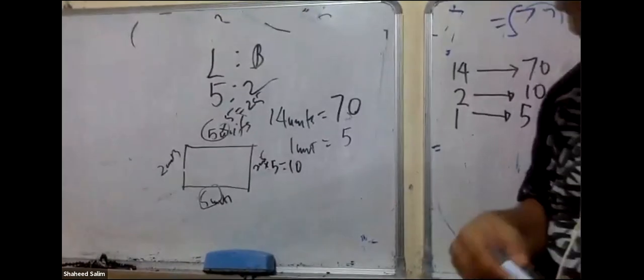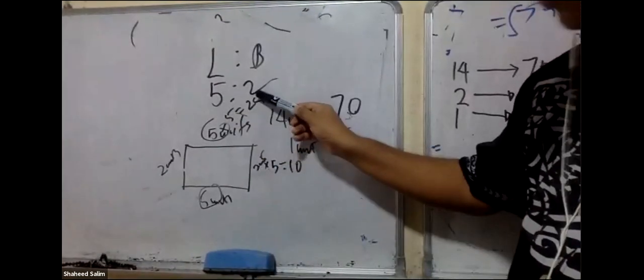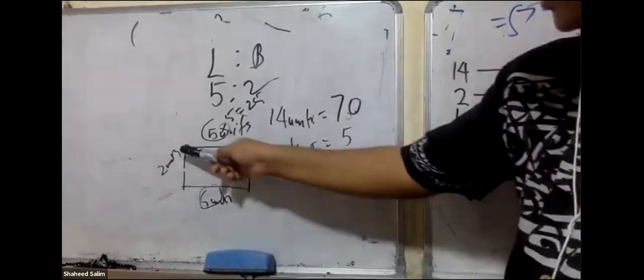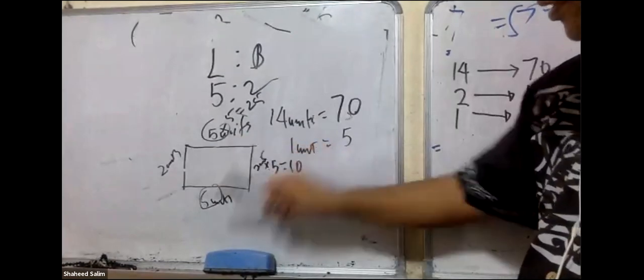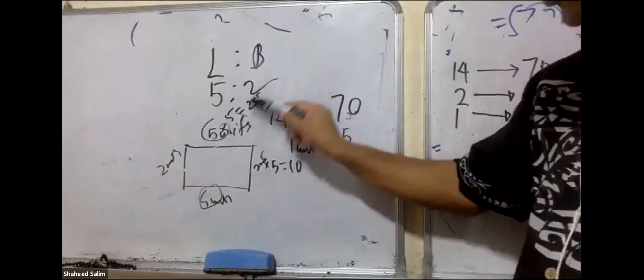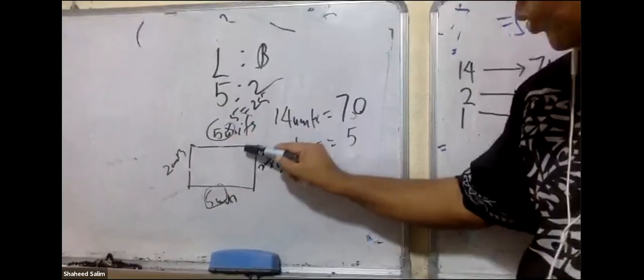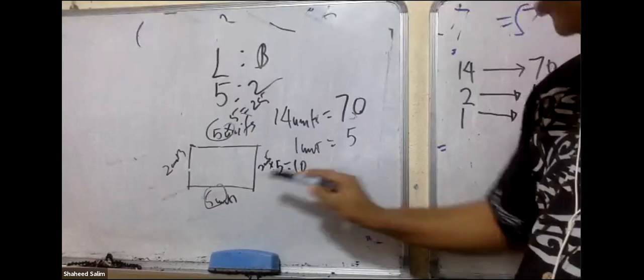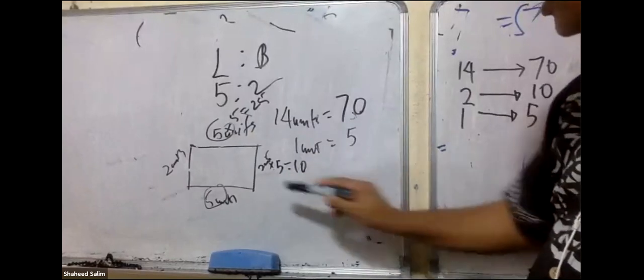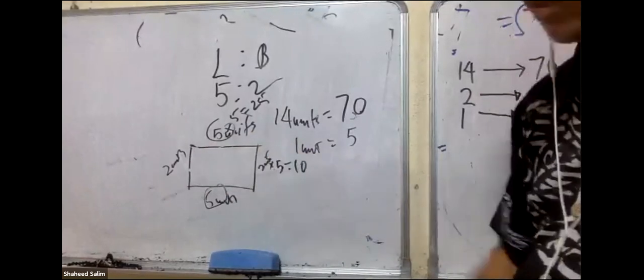I repeat again. They say the ratio is 5 is to 2. So this length is 5 units, another length here is 5 units. The breadth is 2 units, 2 units. The perimeter is 70 because it is the sum of all the sides.